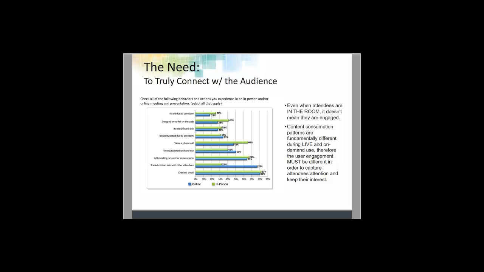And it's about the same. And wouldn't it be something if you could harness that attention and really provide relevant content to those attendees over the devices that they're looking at during your event and before your event and after that event. And that's really what this data is speaking to.